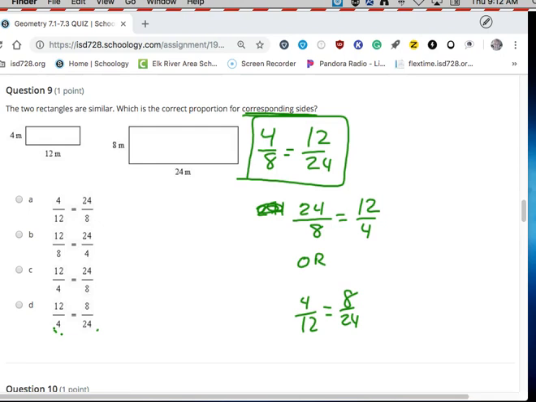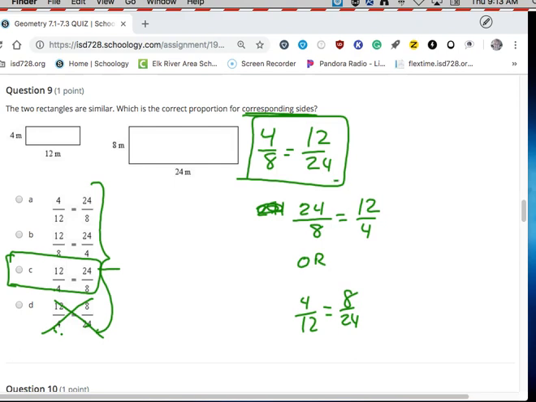If we look at 24 to 8 and 4 to 12, 8 and 12 need to be multiplied together, so this is the best possibility of the group of 4, but it's still wrong because it's not corresponding sides.